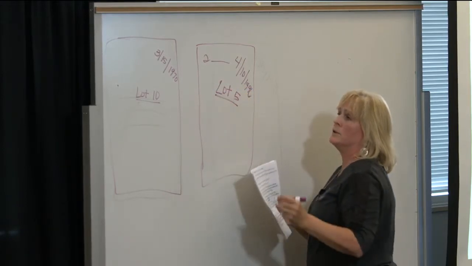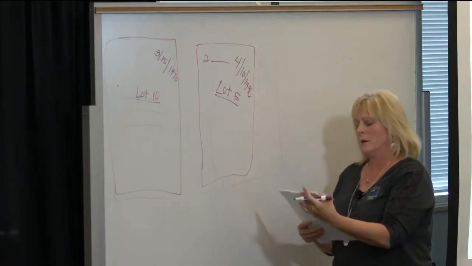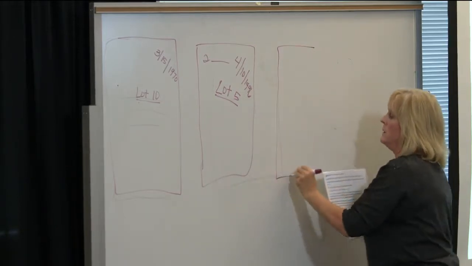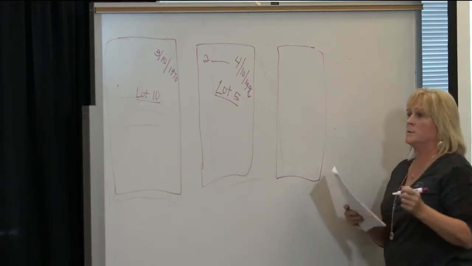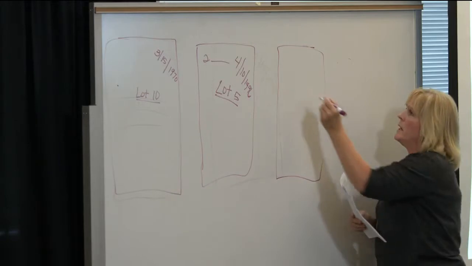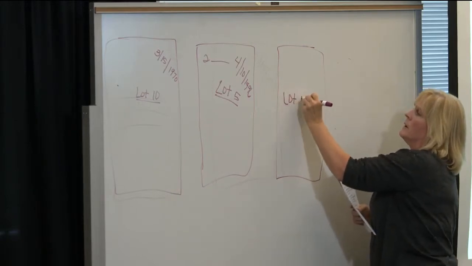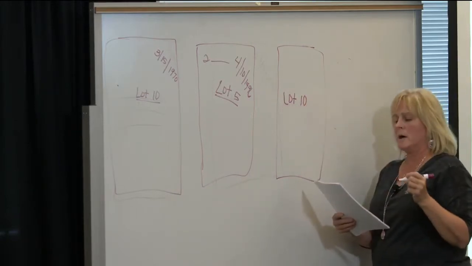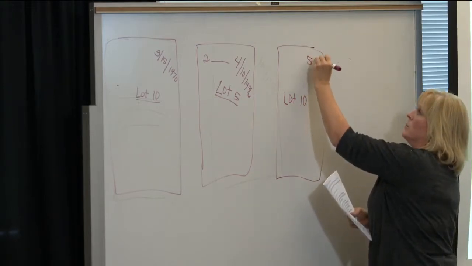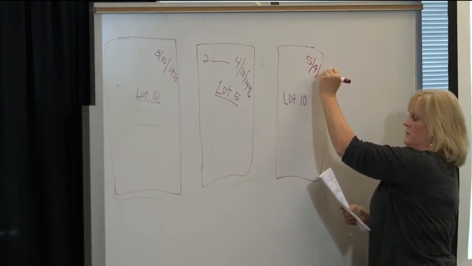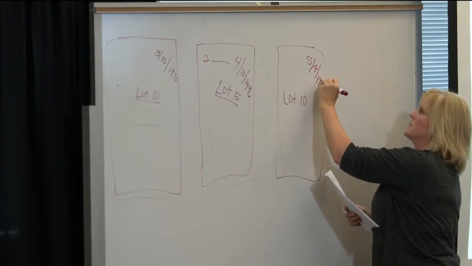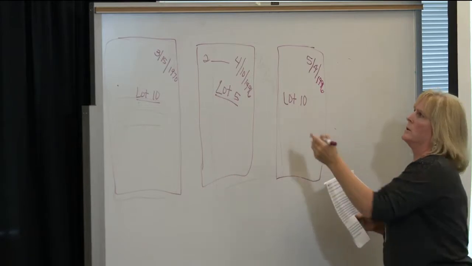So this is the place of use for the change. Okay? So then you look at your deed. This person comes in and says, I have Lot 10, and I have a water right on Lot 10, and his deed is recorded May 4th, 1996. So I'm going to put that up here.